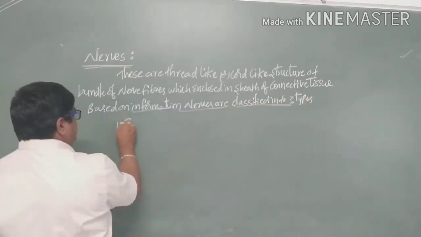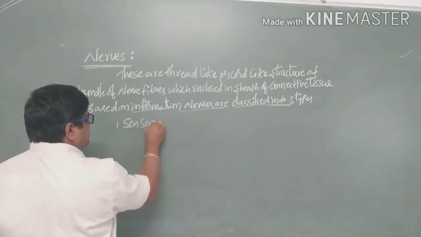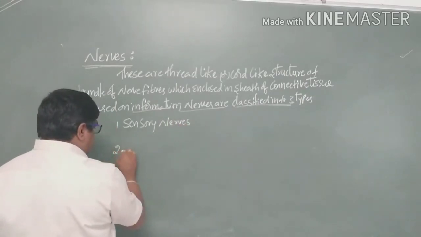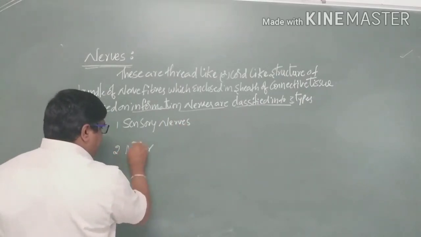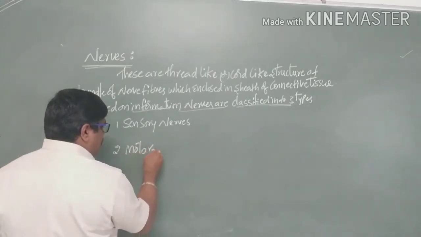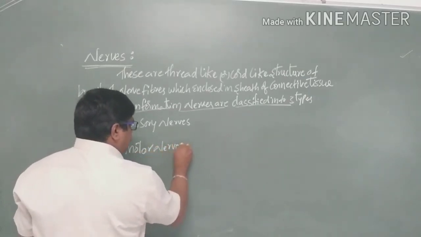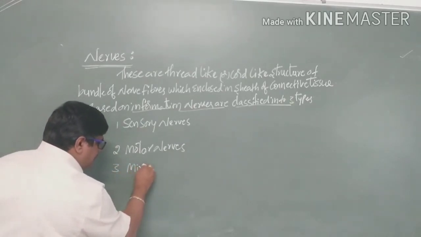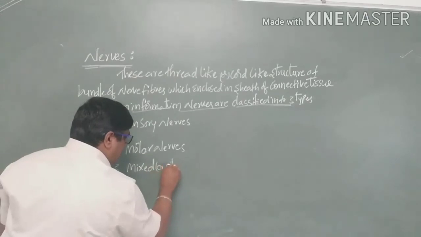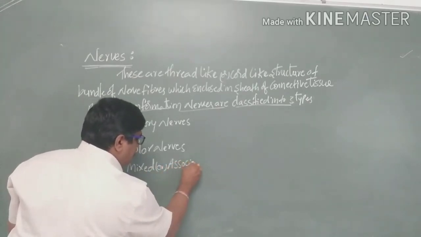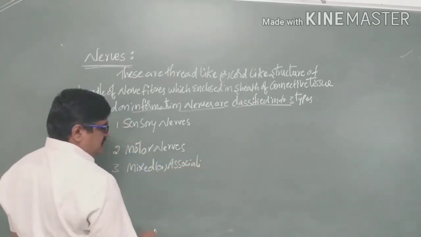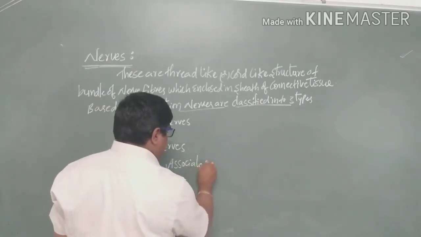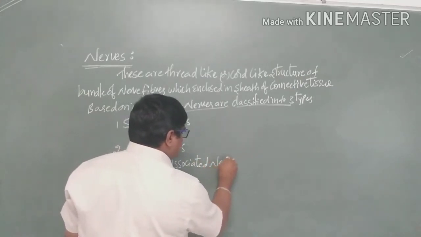One is the sensory nerves, the second is the motor nerves, and the third is the mixed or associated nerves.